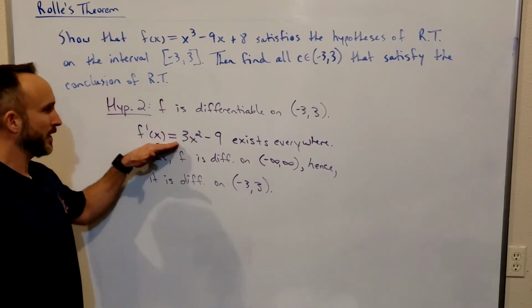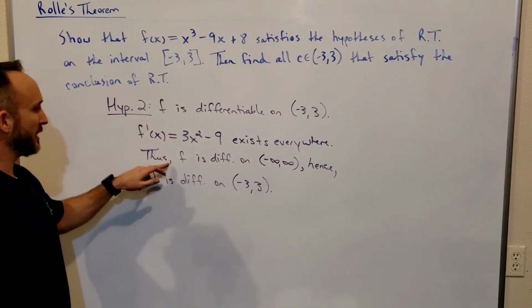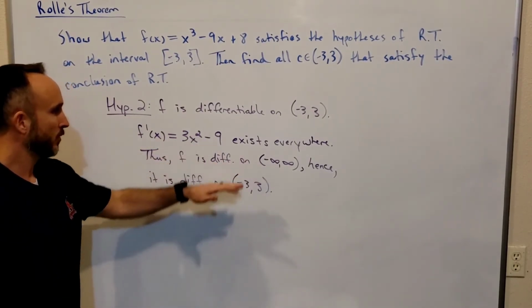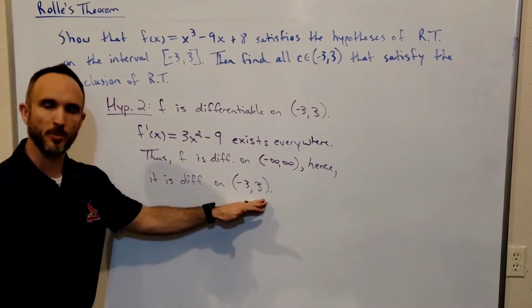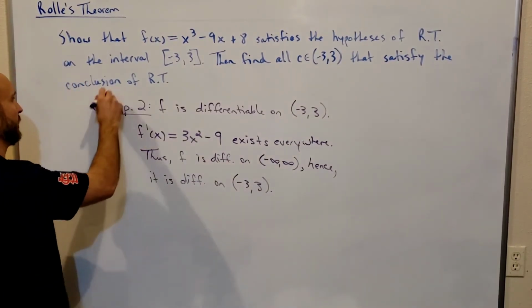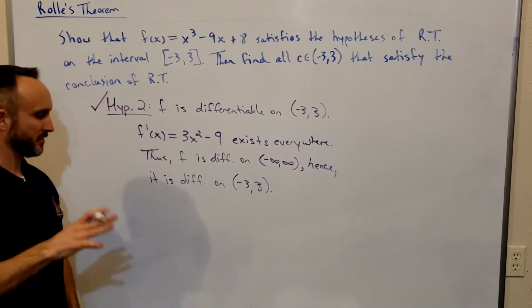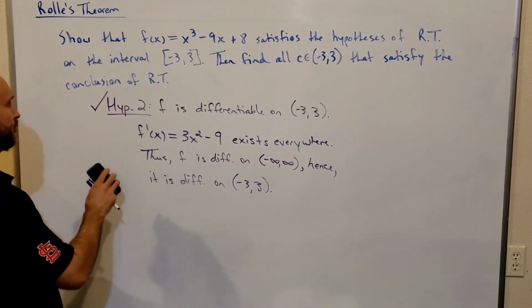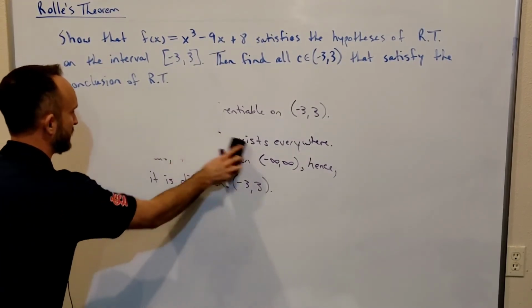Because the derivative exists everywhere, that means f is differentiable everywhere, which certainly means it's differentiable on the open interval from negative 3 to 3. So that shows hypothesis 2. Very good. Let's look at hypothesis 3.